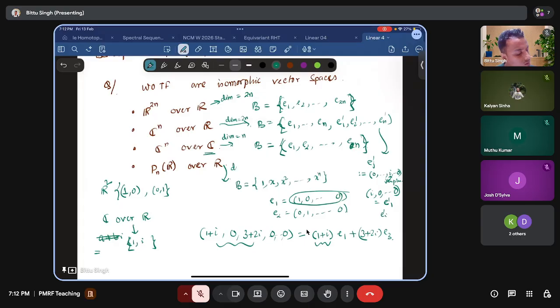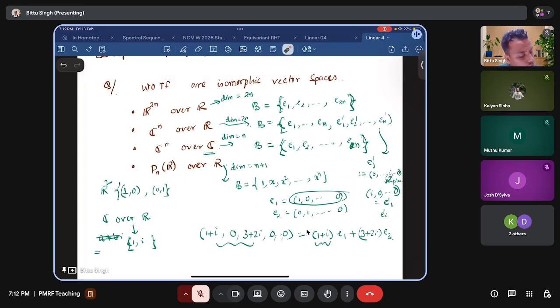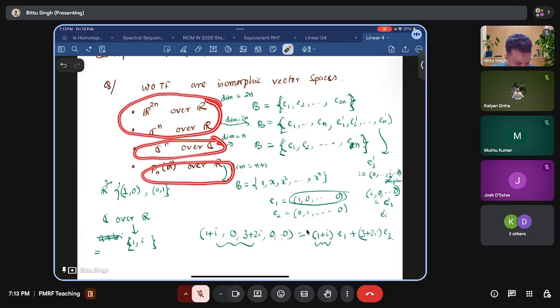So the dimension is n plus 1. So in this case, only those two are isomorphic, R2n over R and complex number Cn over R. So 1 and 2 are isomorphic, 3 is in a different class, 4 is also in a different class.